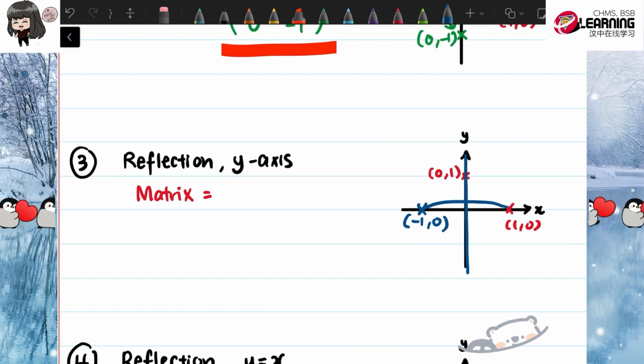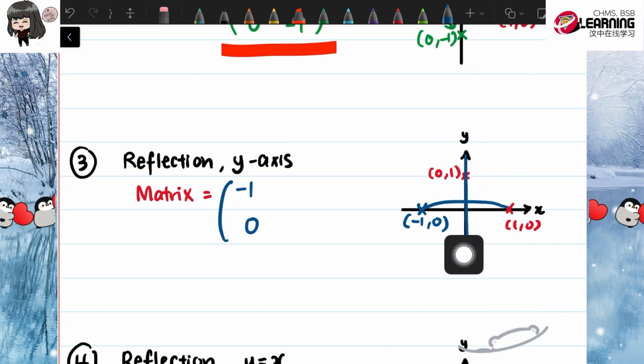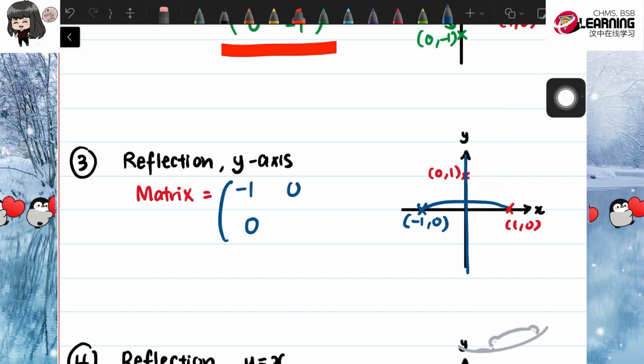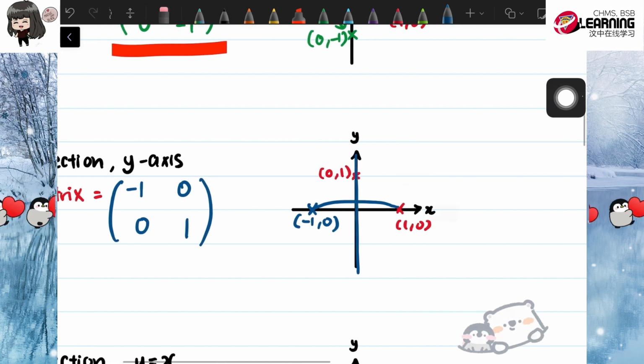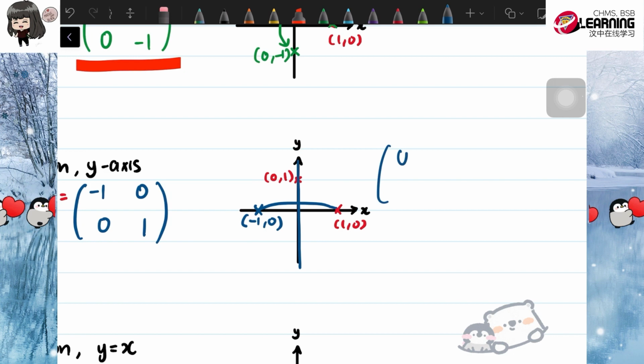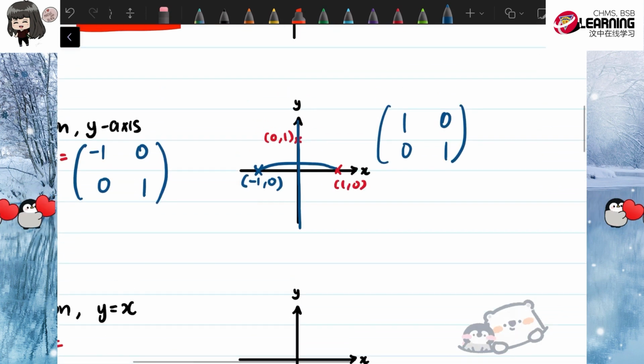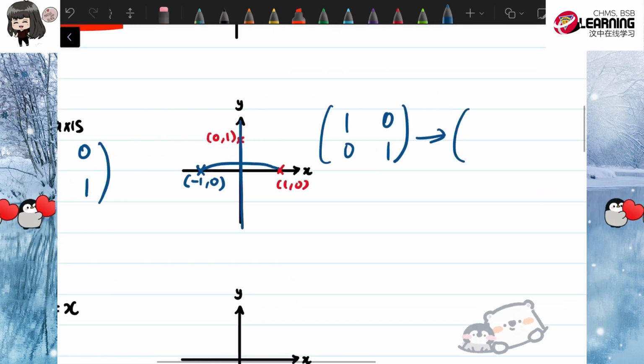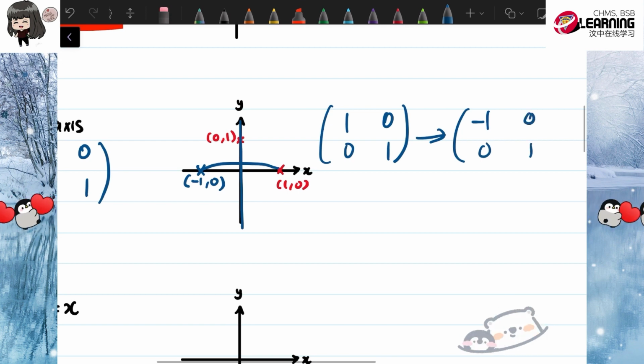If it's negative 1, 0, it means your matrix will now become negative 1, 0. And then your 0, 1 will still be here because it doesn't really reflect, since it's already on the reflection line. So it is still 0, 1. I conclude here: the coordinates 1, 0 and 0, 1 will go to negative 1, 0 and stay at 0, 1.